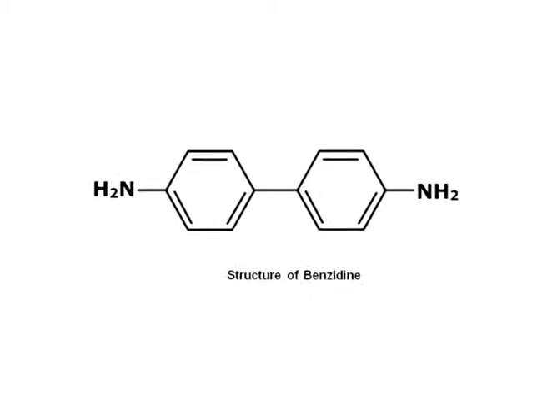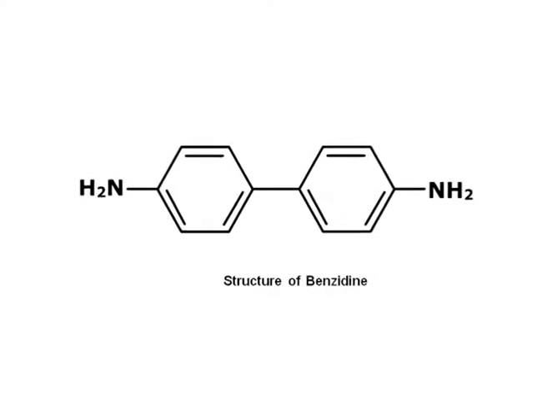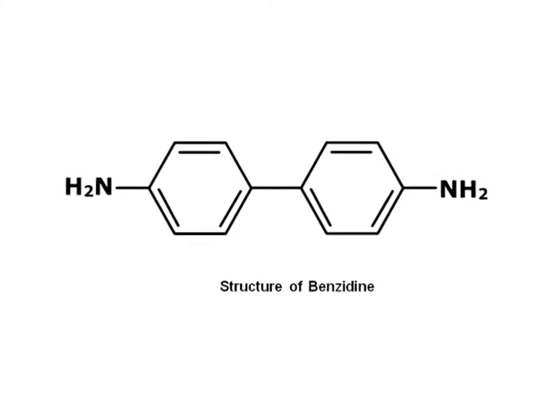The image here shown on your screen represents the structure of benzidine. Subsequently, however, benzidine was found to be carcinogenic in nature and the fear of occupational exposure or occupational hazard prompted the health authorities to ban its use as a fingerprint reagent.